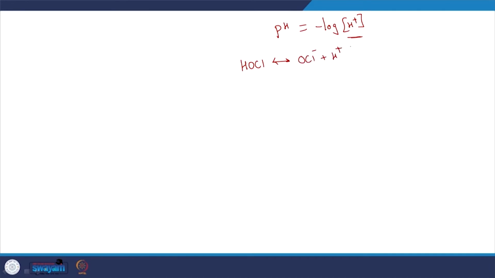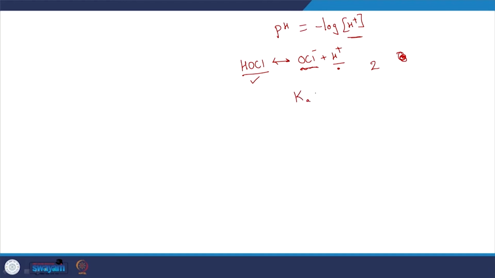So, this is a potential unknown, 3 unknowns, but pH is what we are trying to find and HOCl is what we already have. So, we need a way to calculate OCl minus. In effect we have 2 unknowns because HOCl is known. So, I need to have 2 equations to be able to solve for this.